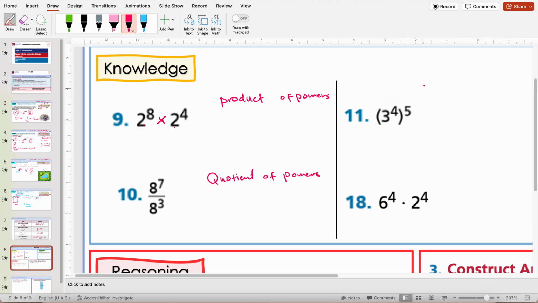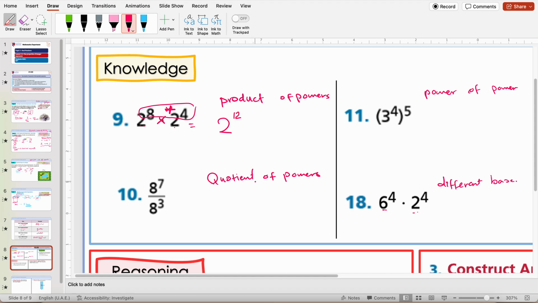This one I have 2 powers, so it's called power of power, and this one different base rule. Okay, so product of powers, you're gonna do the following: keep the same base and just combine the powers, combine them. 8 plus 4 is 12.